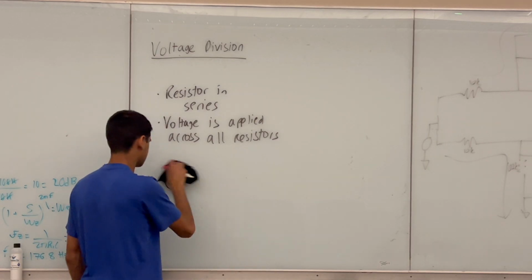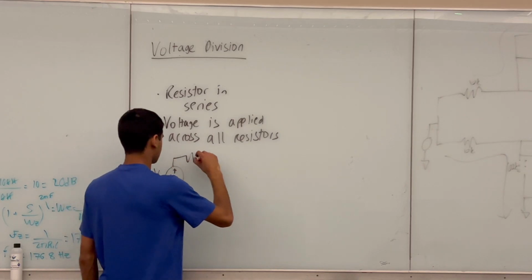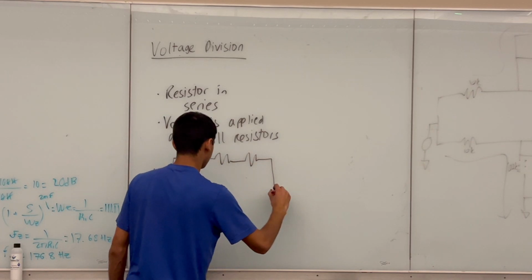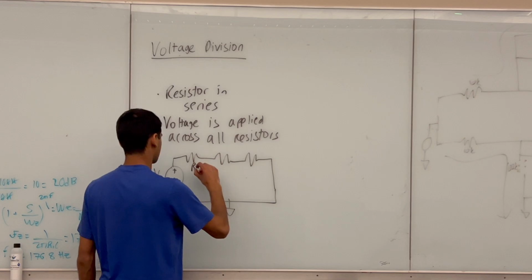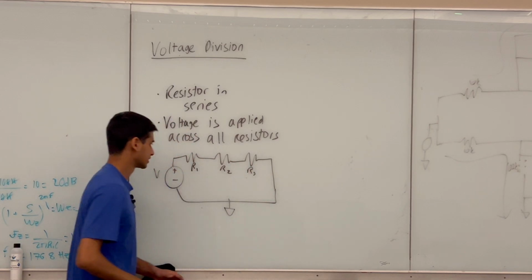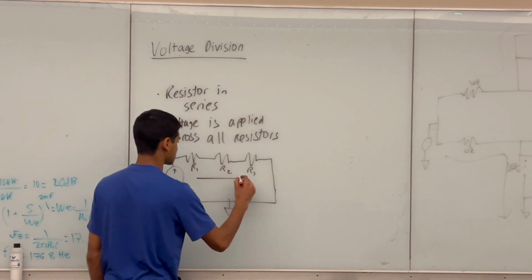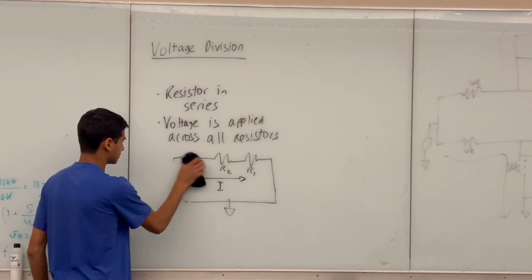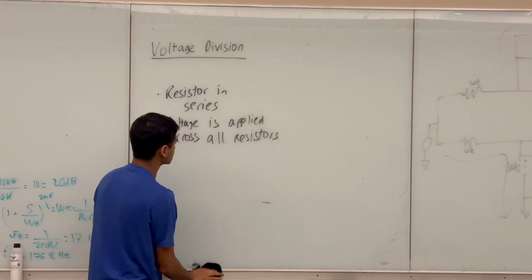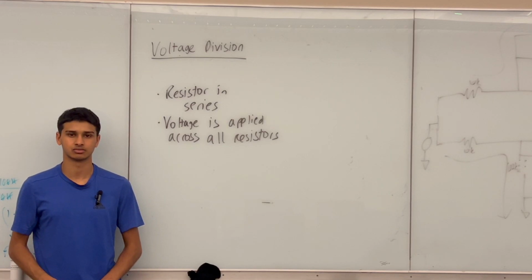So you have your voltage source here, and it's being applied to all these resistors. And I have my ground node here. So R1, R2, R3. So this voltage here is being applied across all three of these resistors. And I know the resistors are in series because the same current is flowing through each resistor. So those are the conditions that have to be present for you to use voltage division. Later in the video, I'm going to go over an example showing this more clearly.